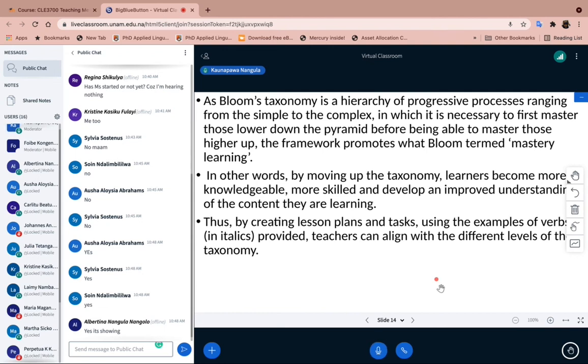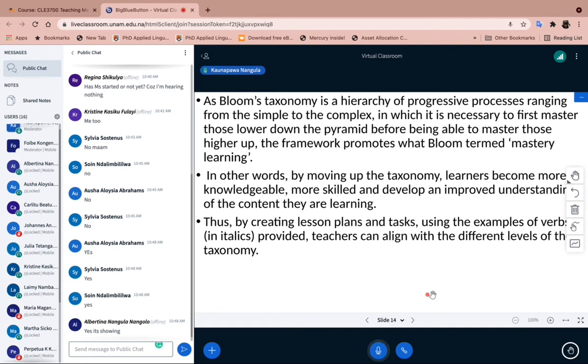So that is to say, now that you know, let's say, the objective that you have is under analyze, then obviously you need to match and align the type of activities that you create in the classroom. And when you are creating your activities from scratch, using the examples of verbs that are provided will help you really create... how do I put this?